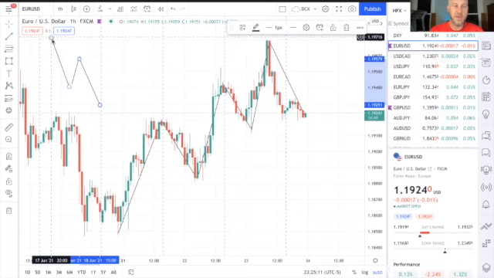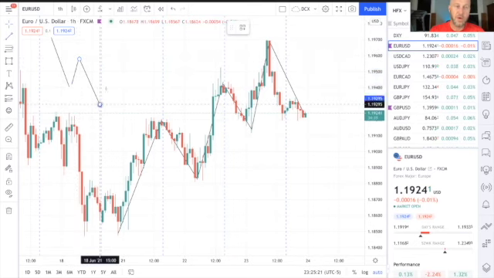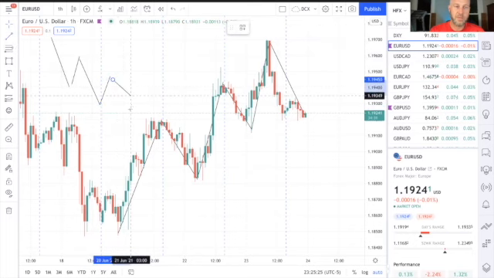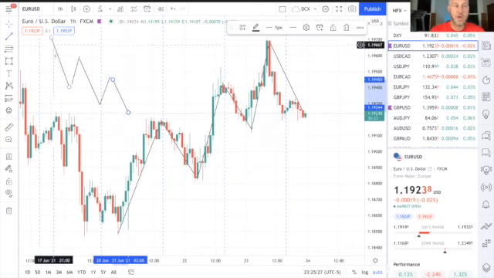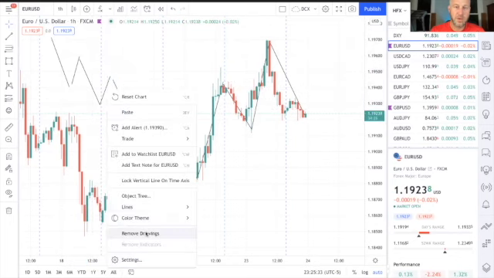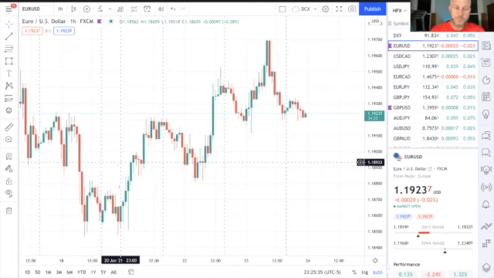In this example, it would make a lower low, and then a lower high, and then a lower low, and then another lower high as the market's going down. So you have these waves that it moves in. Okay, so remove those. You saw how that went up and down.